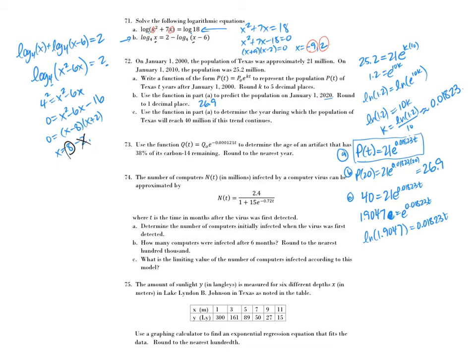Okay, so if I do t equals natural log of 1.9047 over 0.01823, I get 35.34. So in the year 2035.